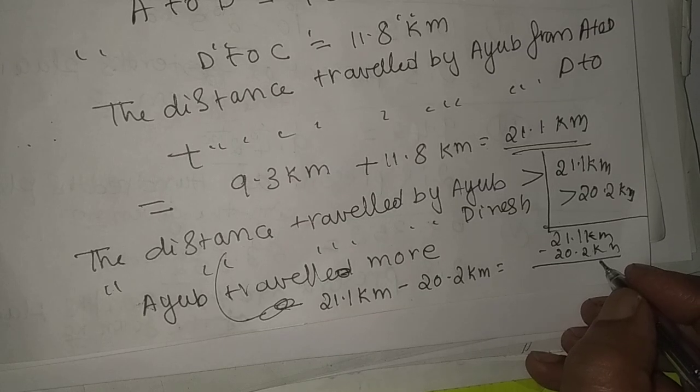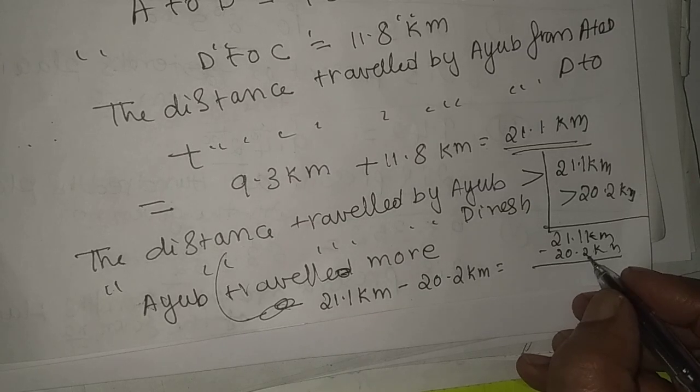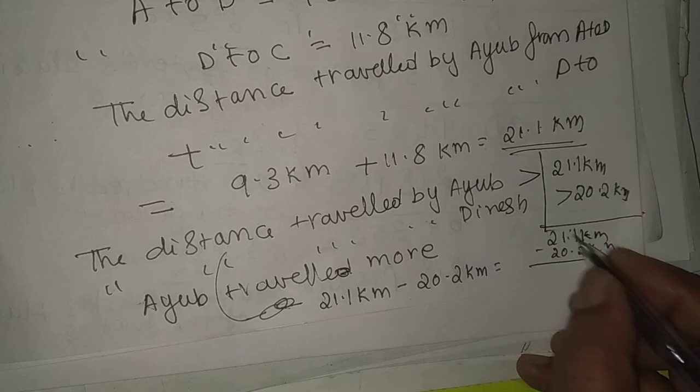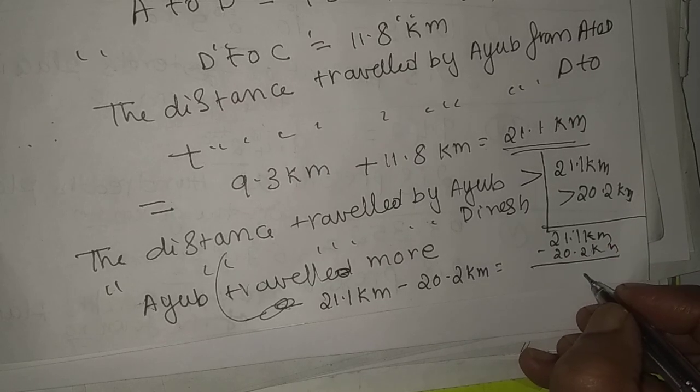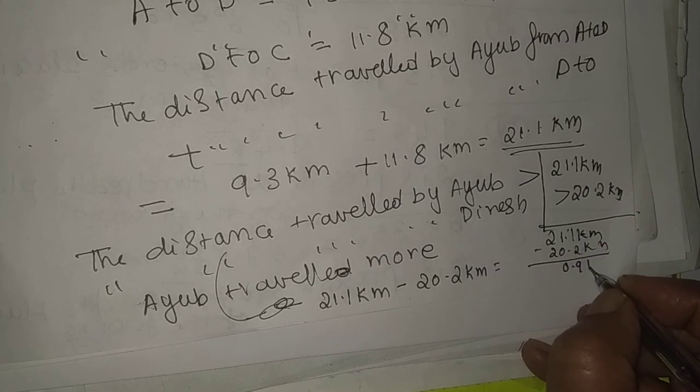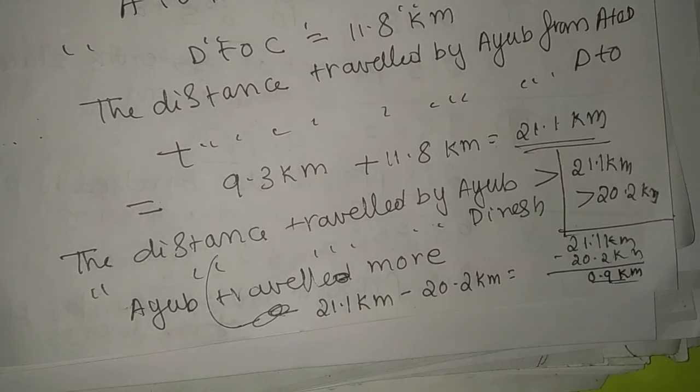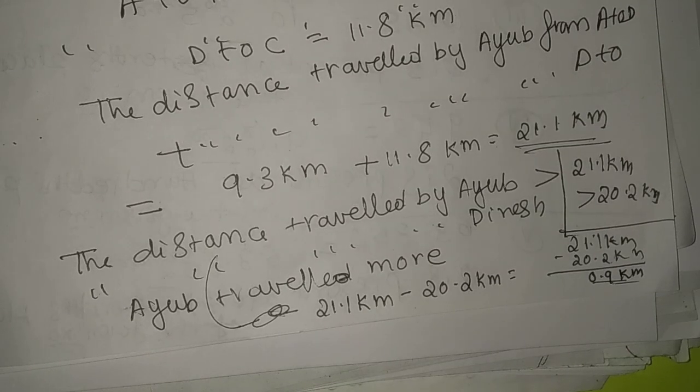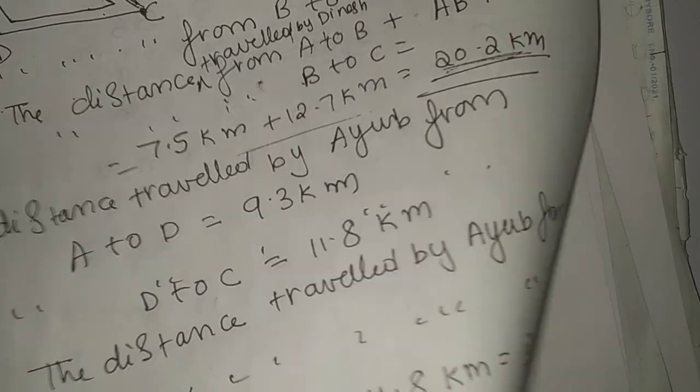Actually 11 minus means 0.9 kilometers. So finally we can conclude it as 0.9 kilometers.